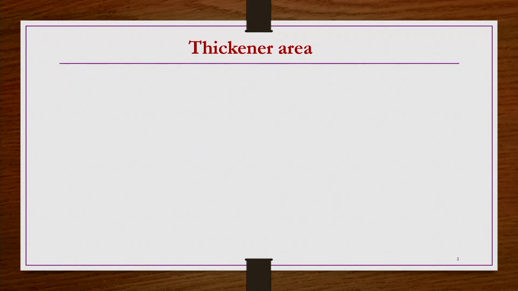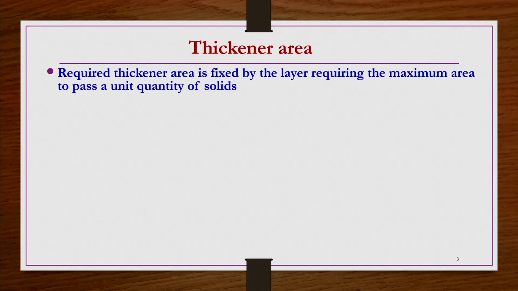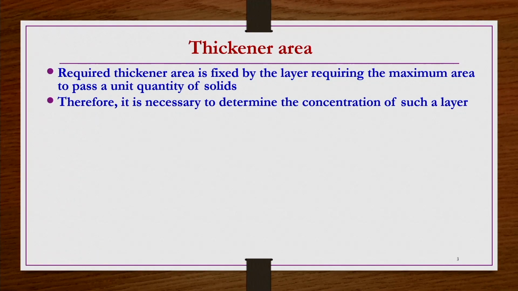So, the required thickener area is fixed by the layer requiring the maximum area to pass a unit quantity of solids. Therefore, it is necessary to determine the concentration of such a layer. So, we need to know what is Cl. We can know it graphically, and we also already know that Cl is equal to C naught Z naught by Zi, which we have already obtained.